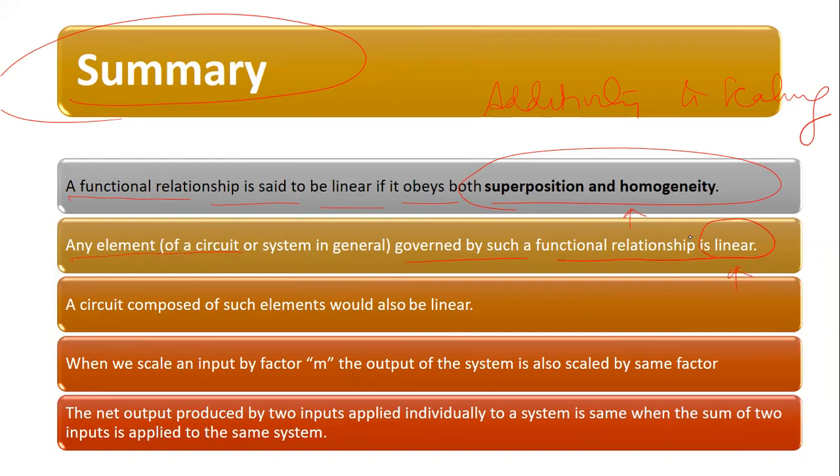That means if any element's behavior is expressed by such mathematical relationships where the equations follow both the properties, homogeneity as well as superposition, then we will say that particular element is a linear element, right?